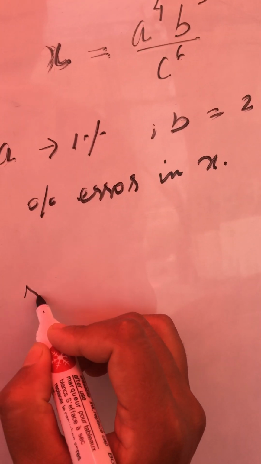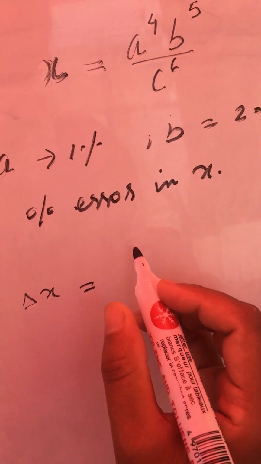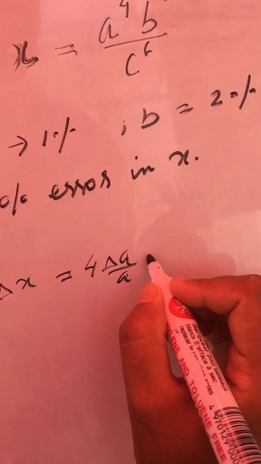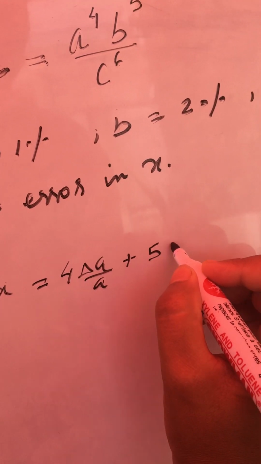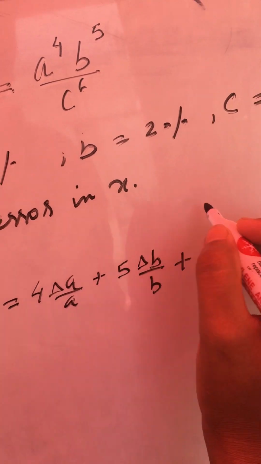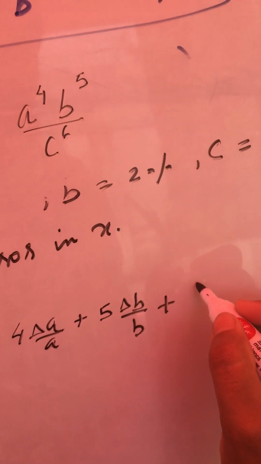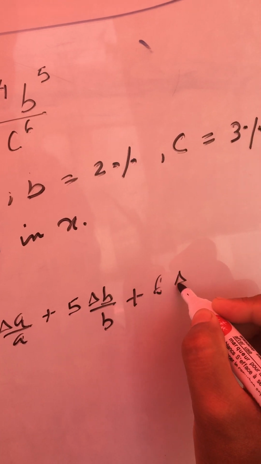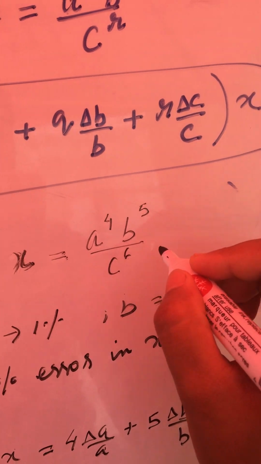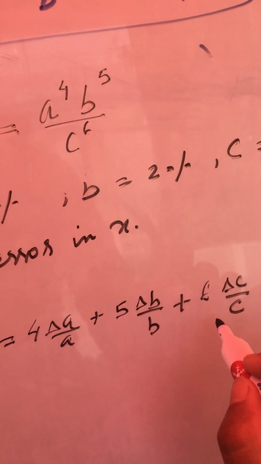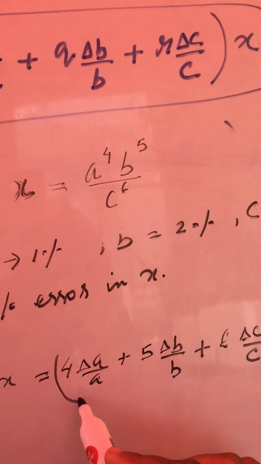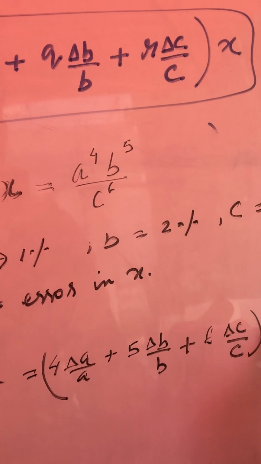Then what is the absolute error in x? Absolute error in x will be 4 delta a by a plus 5 delta b by b plus 6 delta c by c. If c goes up, c to the power minus 6, the minus will not be there in the formula. Then all this into x.